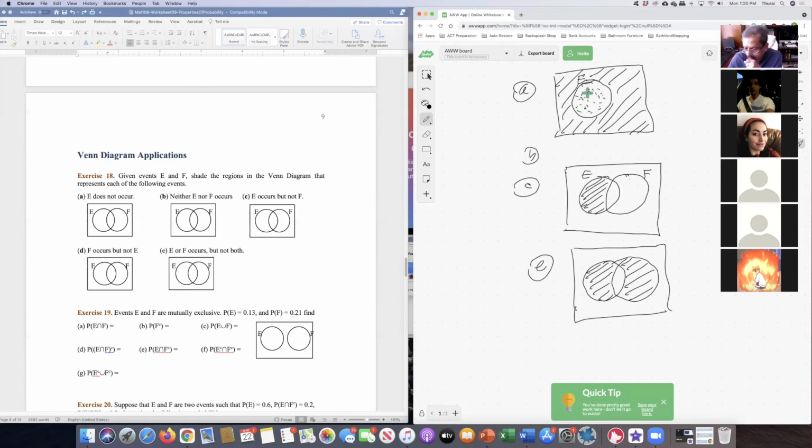But if it is anywhere outside of E, then E does not occur. The event of E not occurring is the same as the outcome being outside of E.